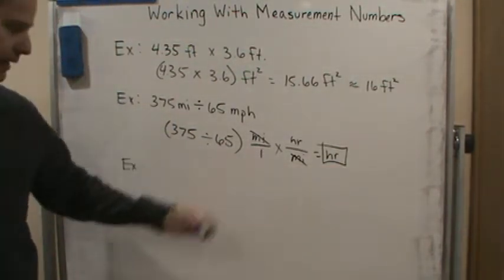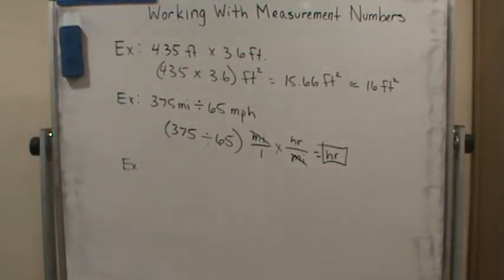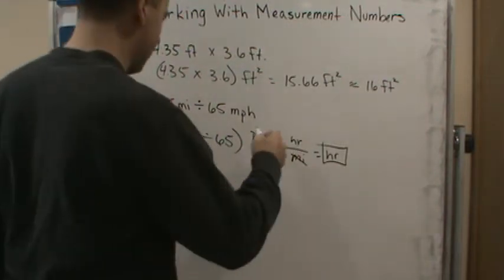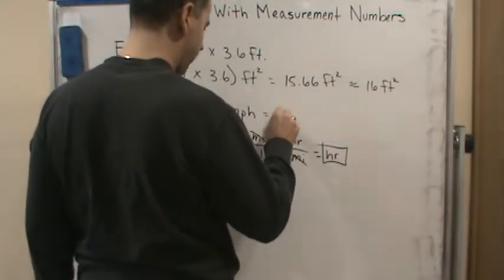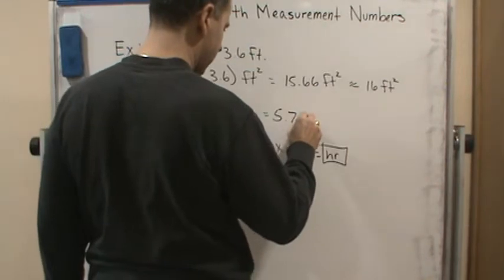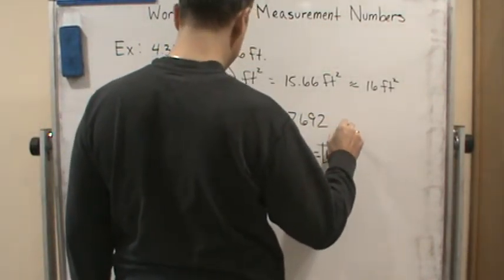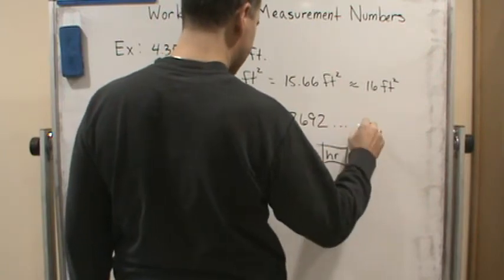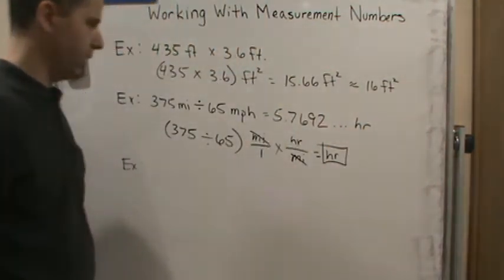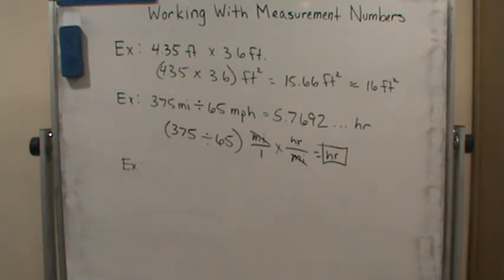So what's my calculation? If I put it in my calculator, I get 5.7692 and so on, and it keeps going. This is going to be hours. Let me just double check that. 5.7692.